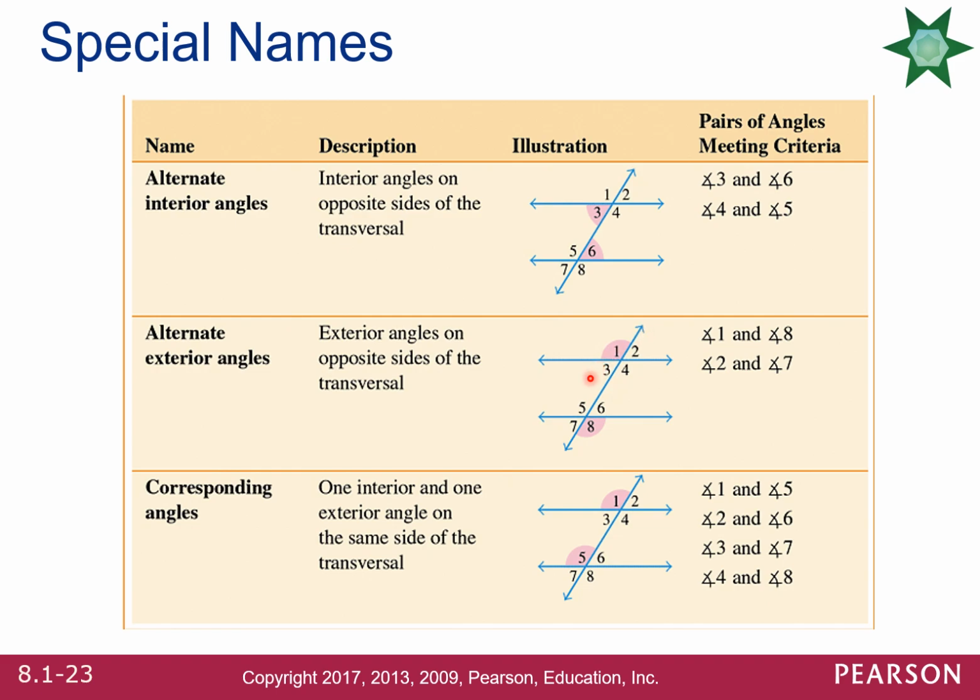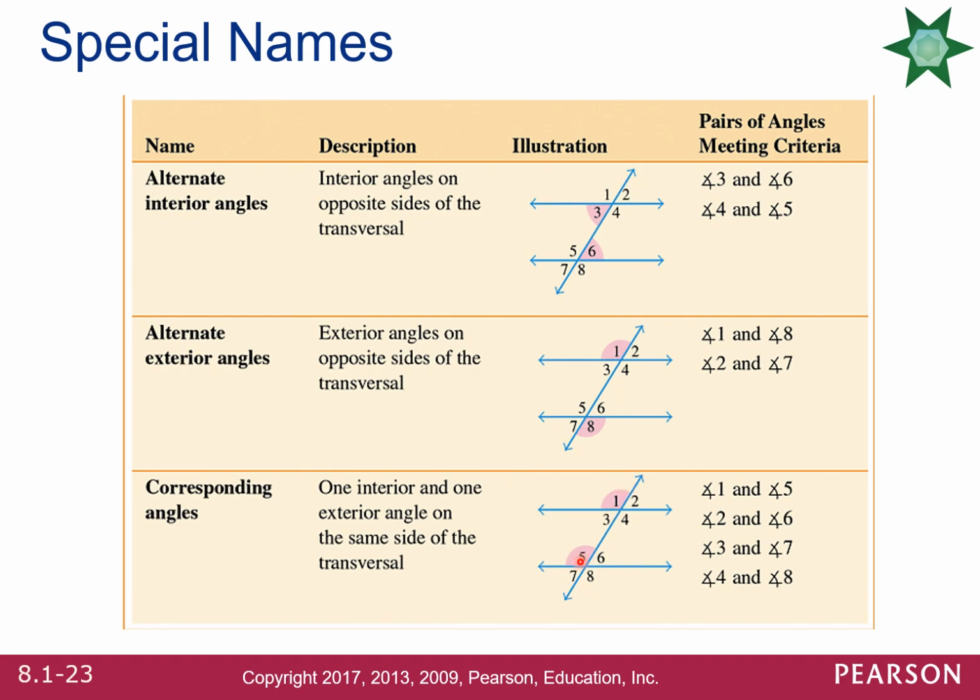All right, that's a theorem. And then there are the corresponding angles: one interior and one exterior angle on the same side of the transversal. So 1 and 5. Earlier we were talking about alternate angles, which are on the opposite sides of the transversal. Here, in corresponding angles, they are on the same side.